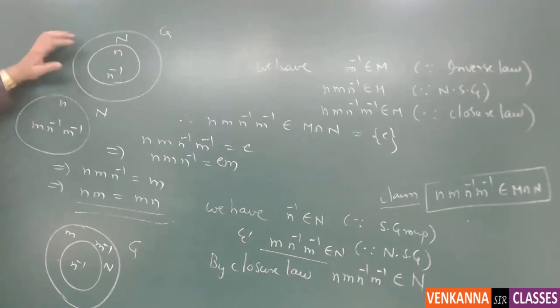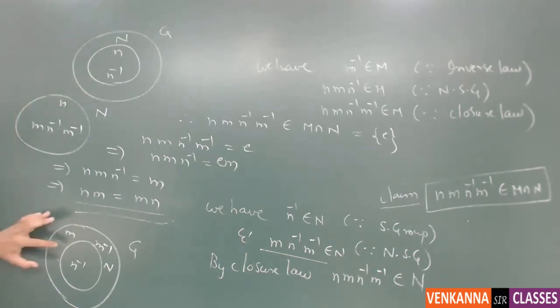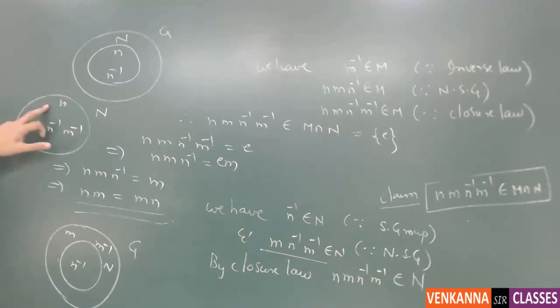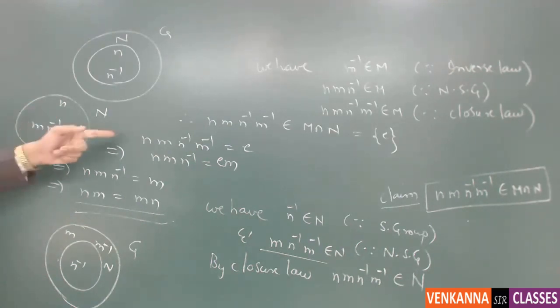So first I used the inverse technique, then I used normal subgroup technique, then I used closure law. Whenever two elements are there in the set, the product also belongs to the same set. This is the way I have shown that n, m, n inverse, m inverse belongs to N.